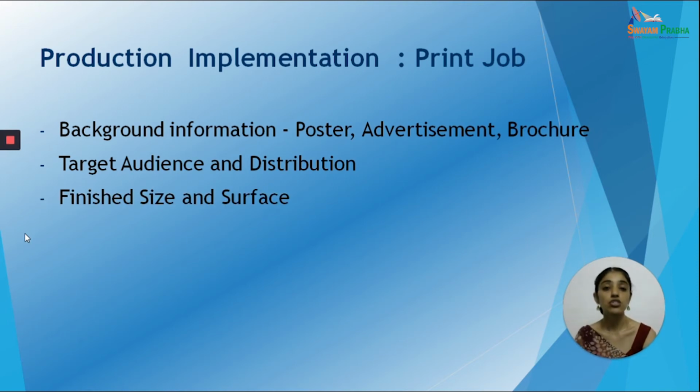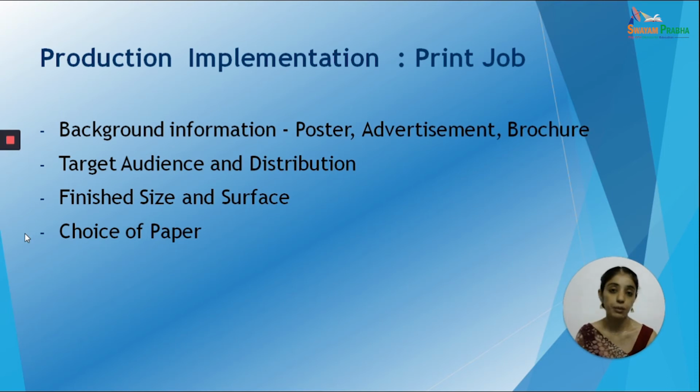Another thing that you must know in production of print ads or print messages is the final size and surface. Whether this advertisement is going to be on a billboard, on the front page of the newspaper, or on the center spread of a magazine, you need to know what is going to be the dimensions on which your ad will appear.